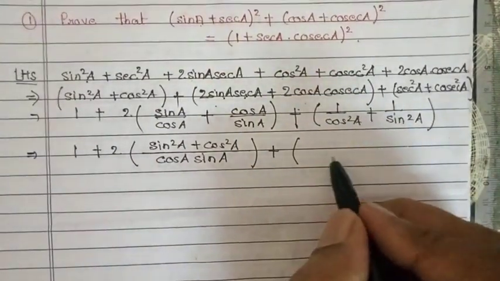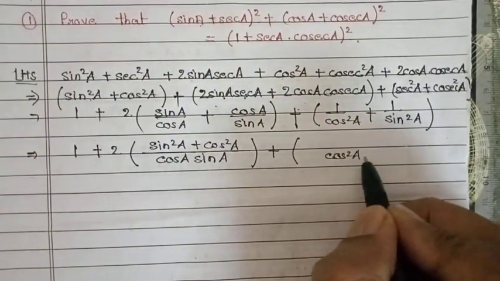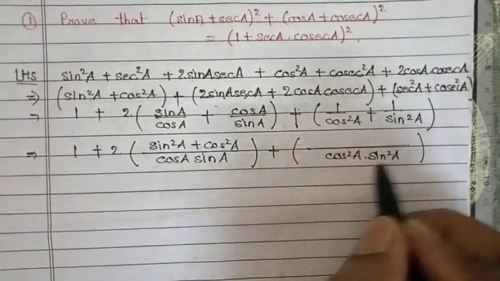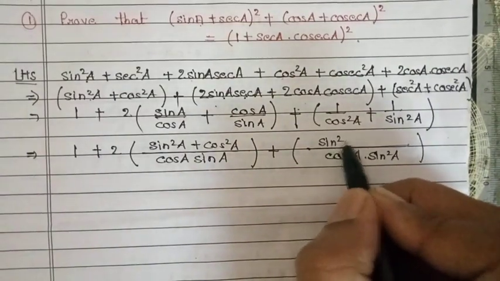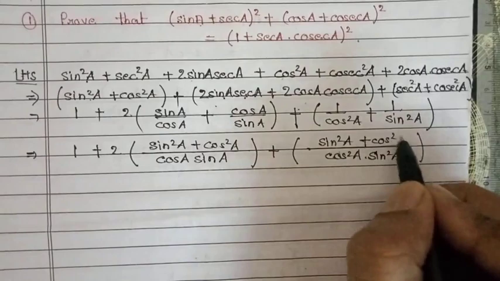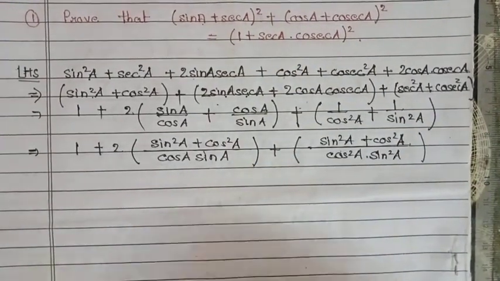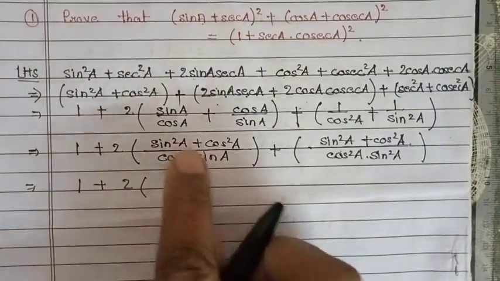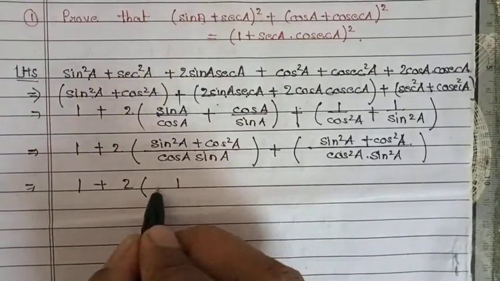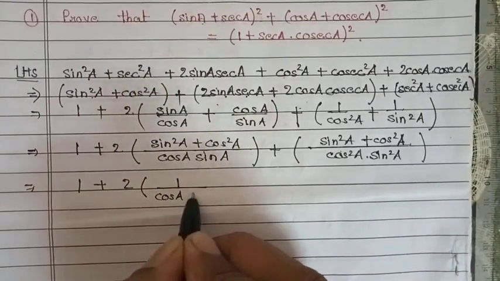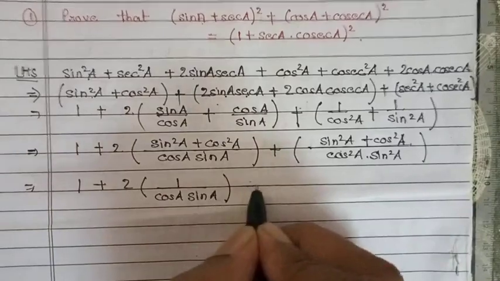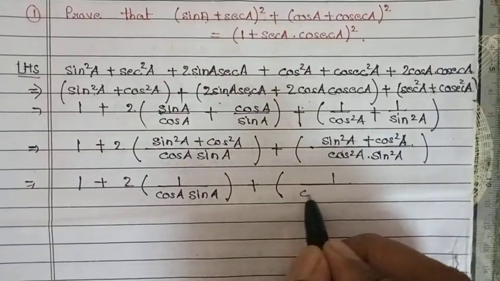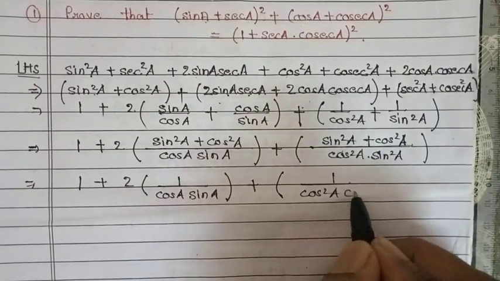Here the LCM will be cos square into sine square, so this will give me sine square plus cos square. Now the next step, here I can use the identity. So sine square plus cos square will give us 1 and we are left with cos. Similarly in this one, sine square plus cos square will give us 1, so it's cos square into sine square.